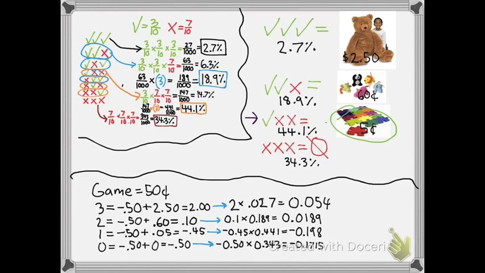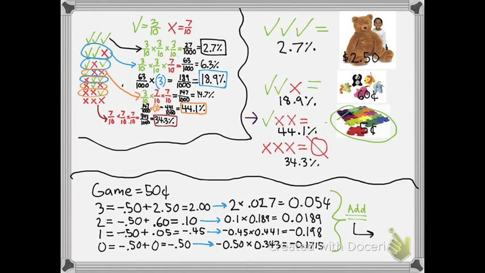So all of these values that we got at the end represent the amount of money that you would pretty much lose on average if you played this game 100 times. So in order to find that out, we take all the answers we got at the end, 0.054, 0.0189, negative 0.198, and negative 0.1715, and we add them all together.